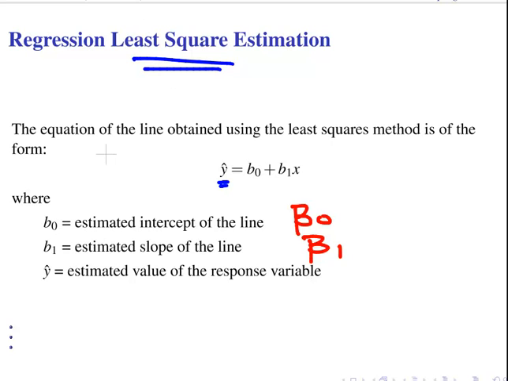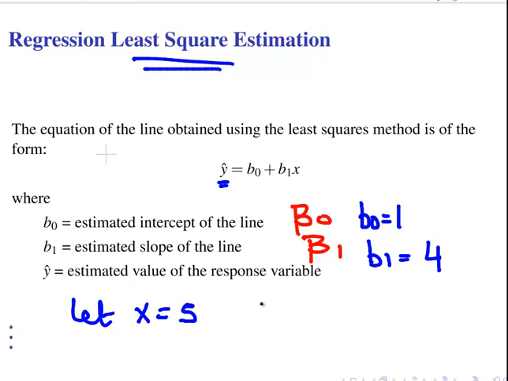So let's actually try that out for a second. Suppose b0 was 1, and suppose b1 was 4. Let's try this out. Let x equal 5, and let's compute y hat.